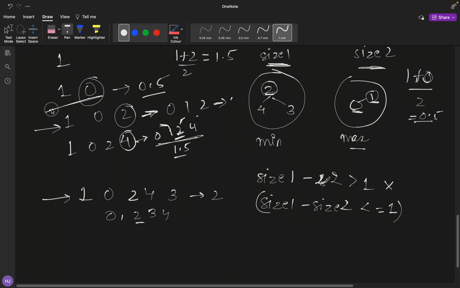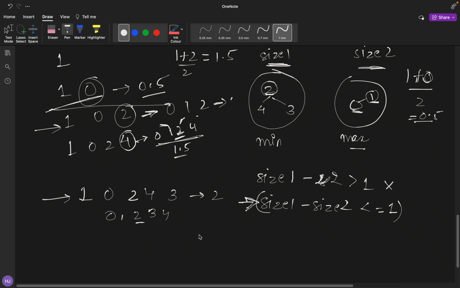When it's equal, I'm able to find my median, and whenever it's 1, I'm able to find my median at that point. So what we have to do in this algorithm while inserting the elements is keep track of the difference of the sizes of the two heaps. It should always be between 0 and 1.